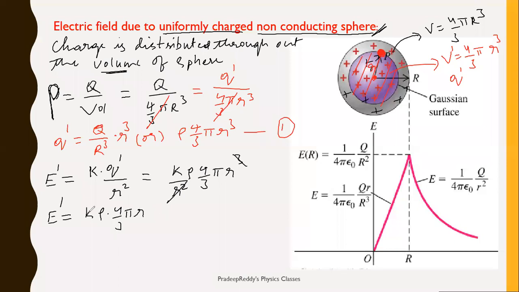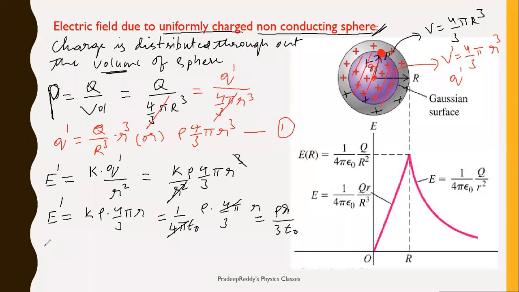You can write k as 1 by 4 pi epsilon naught, so 4 pi epsilon naught into rho 4 by 3 pi small r. 4 pi gets cancelled. What is left over here is rho small r divided by 3 epsilon naught.